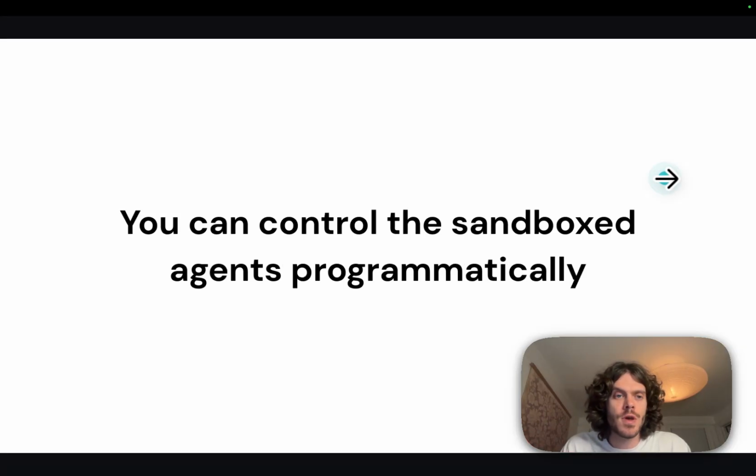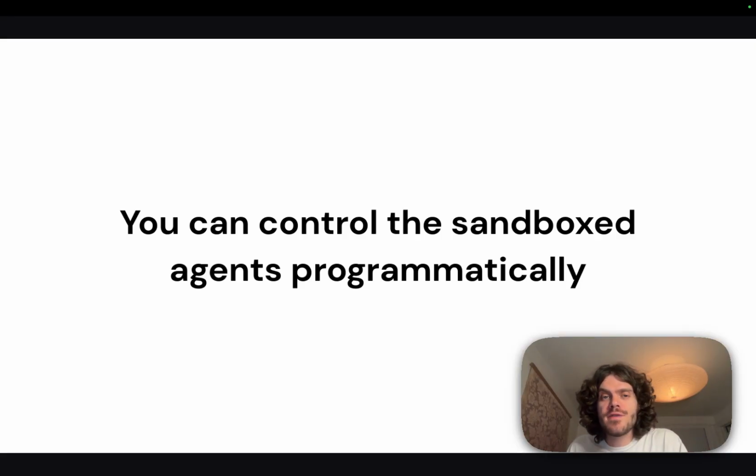You can control the sandboxed agent programmatically, so not only through the UI or through the terminal, but also through a CLI or through a HTTP API, which means you can make code changes in the background. Let's say you have Sentry set up and Sentry catches an error in production.